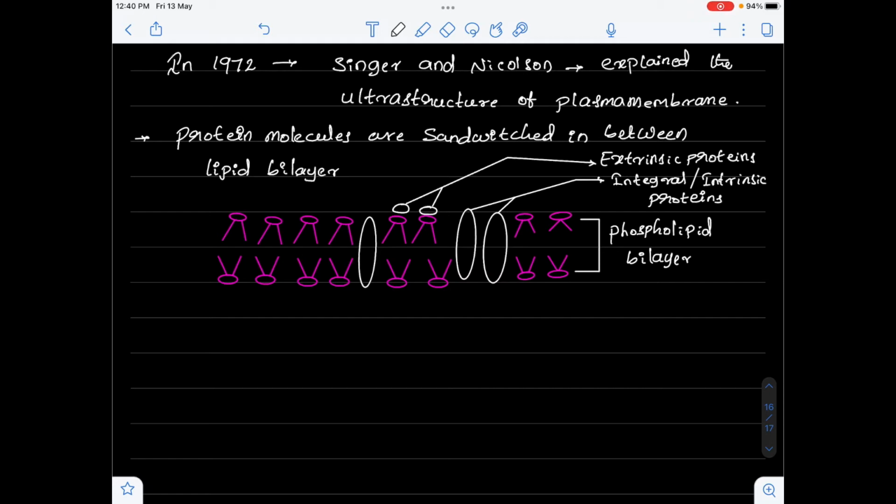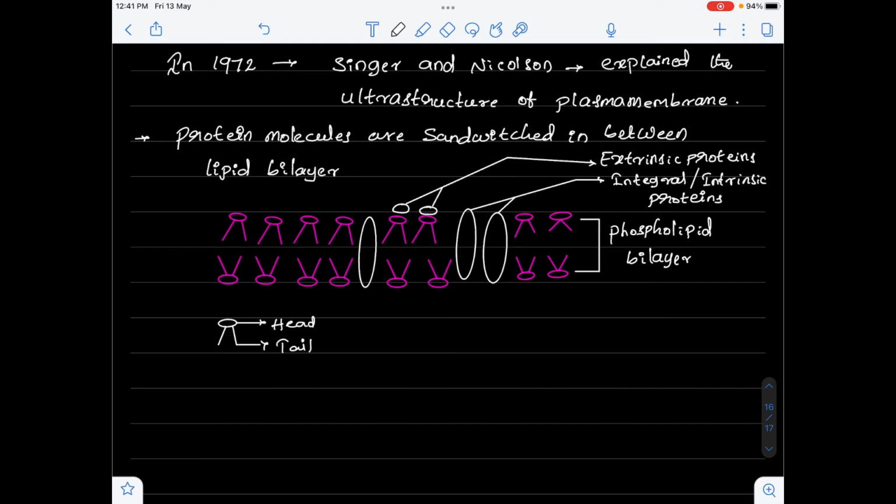And if in each phospholipid bilayer you take one single phospholipid molecule, so here I am taking one phospholipid molecule, in one phospholipid molecule we can see two parts. One is the head part and this is the tail part.